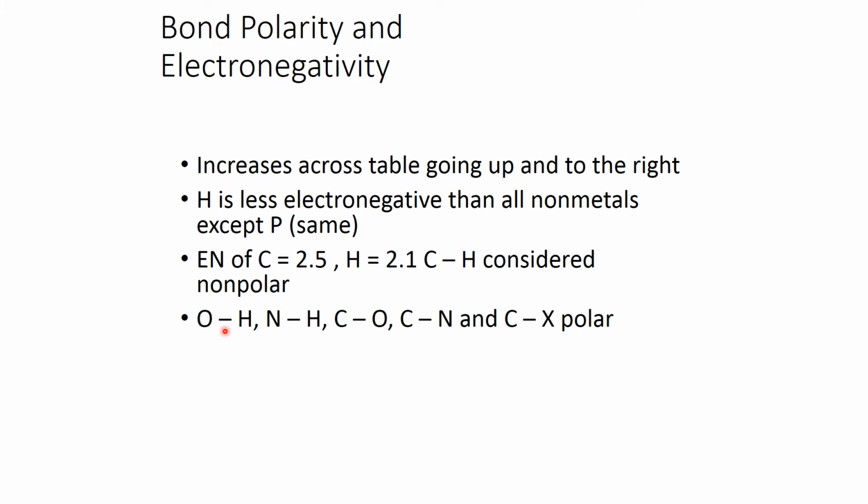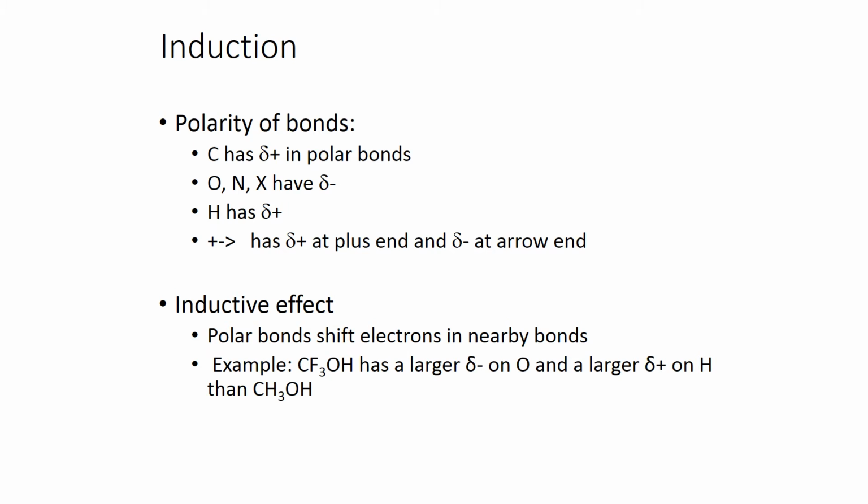And these bonds, because of the large difference in electronegativity, have strong polarity and therefore affect the behavior of the molecule, both in reactions and in physical characteristics. So the polarity of all of those bonds is important to remember.